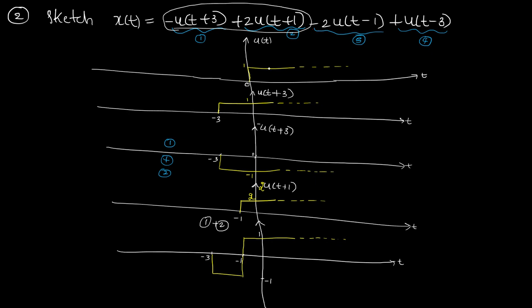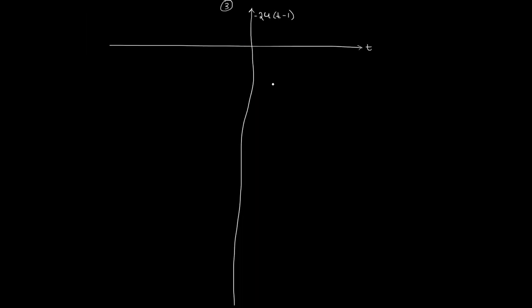Instead of 0, it should start from t is equal to 1. Okay, t is equal to 1, it should start, and the amplitude is 1. But here the amplitude what we want is minus 2.